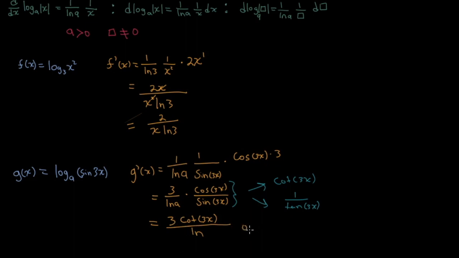Or I can write it this way: 3 over tan 3x ln a. So both those answers would be correct. So there you have it. That's how you evaluate the derivative of a general logarithmic function.